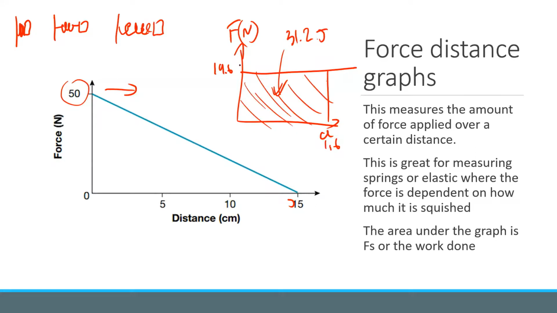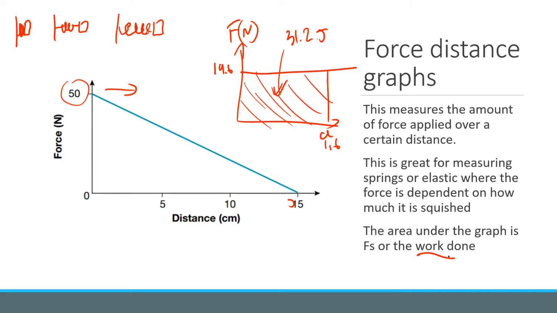That was the length times the width. At the very bottom, I say the area under the graph is force F times S, your force times your distance displacement, or the work done.